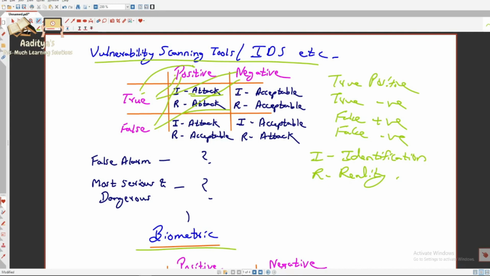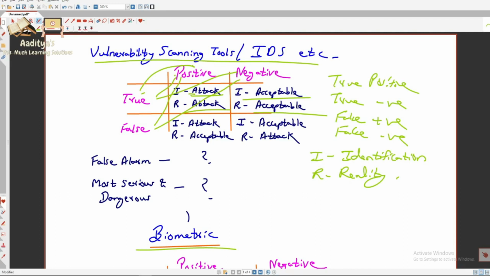Okay, this is true positive. Now there is true negative. What is true negative? The scanning tool or the IDS identifies it as acceptable, and the reality is also it is acceptable. There is no issue at all.